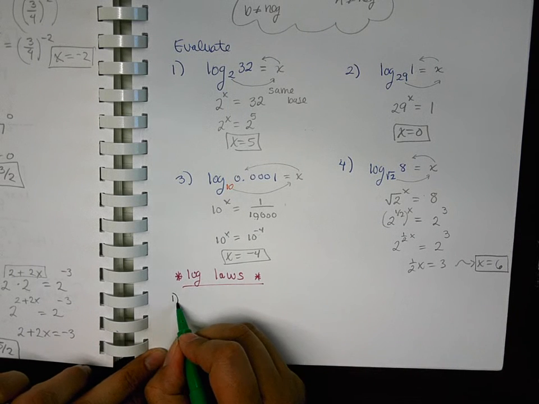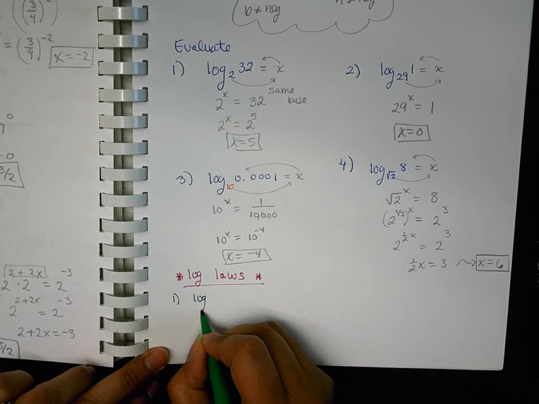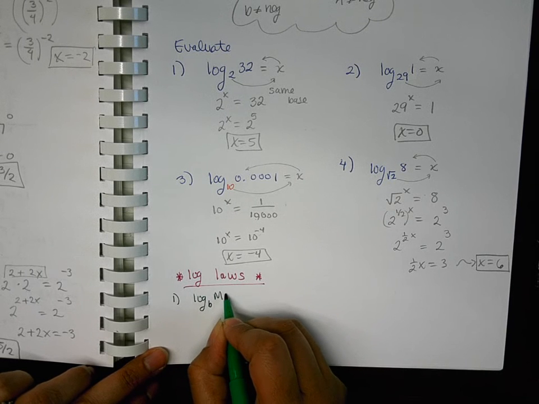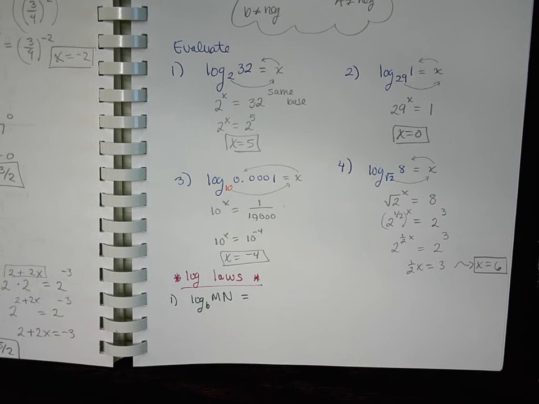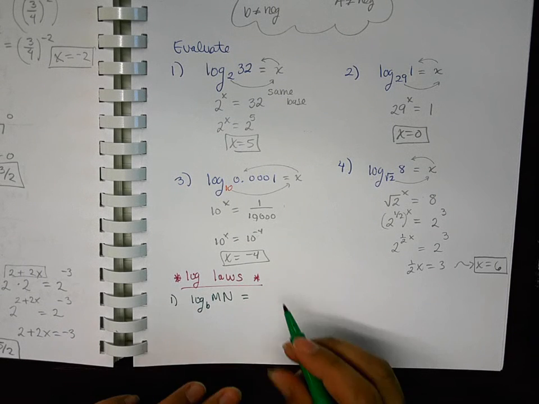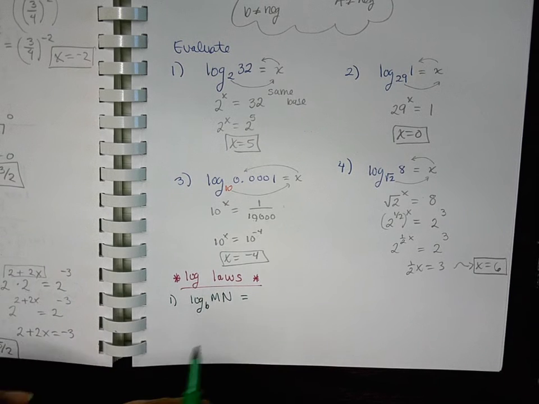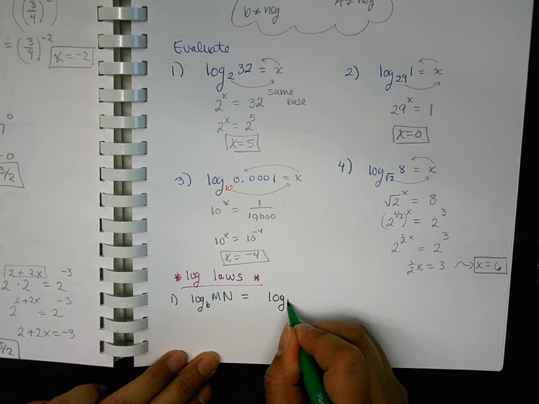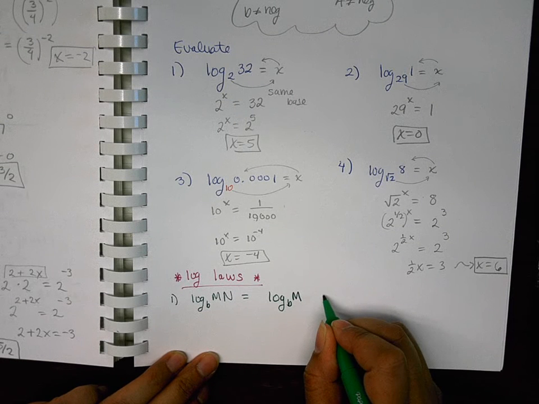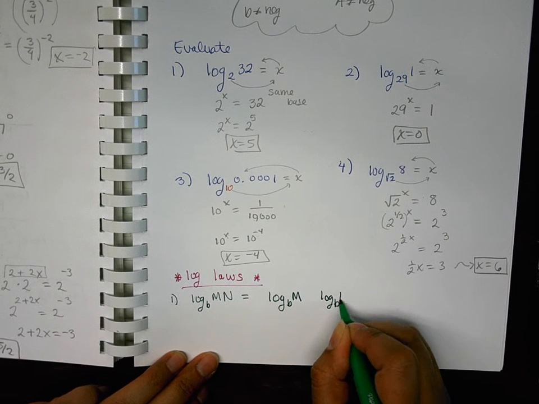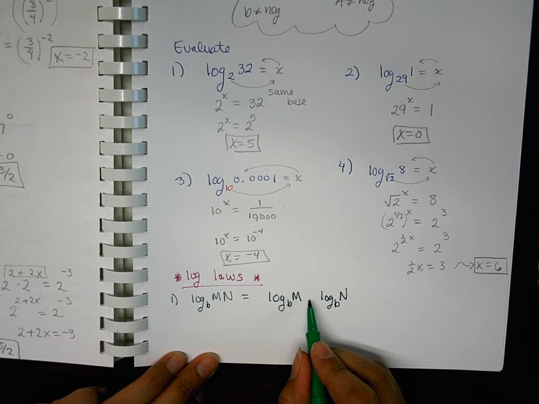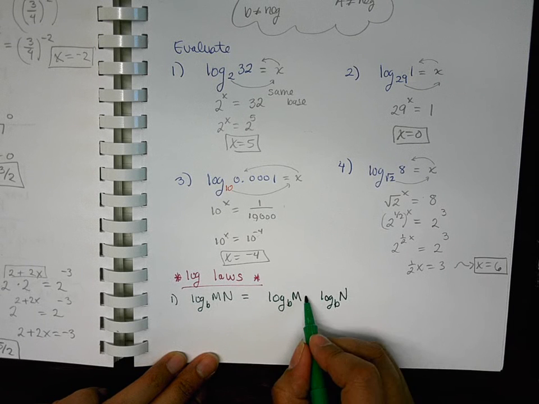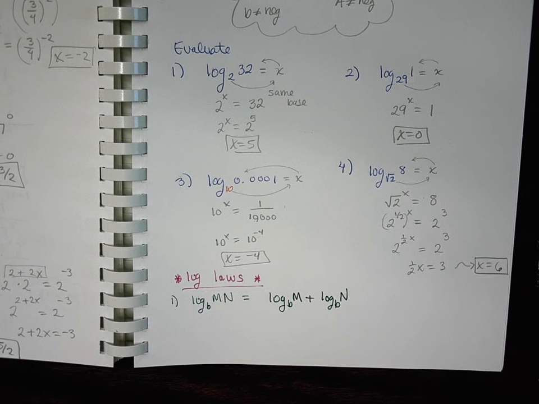First one, log base b of m times n, log base b of mn, that means m times n, equals, does anybody remember how you ripped it apart last year? I'll start you off. There was a log b of m, and there was a log b of n, and what sign was in between? It was no longer multiplication. Plus. It is addition.